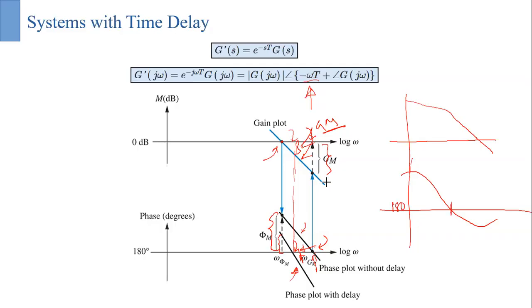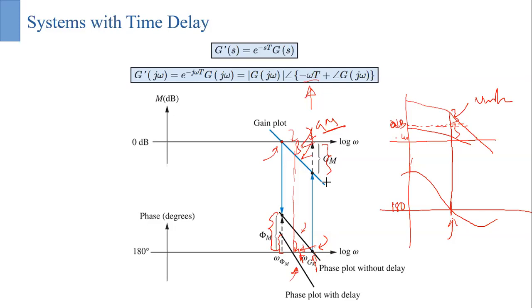At this point, if your gain is more than 1, and this is your 0 dB line, if your gain is more than the 0 dB line, then our system is unstable. So for the 180 degree crossing, the gain has to be lesser. Say we have a plot like this. Now at the crossing, our gain is smaller than the 0 dB line, so negative values, maybe minus 40 dB or something like this.